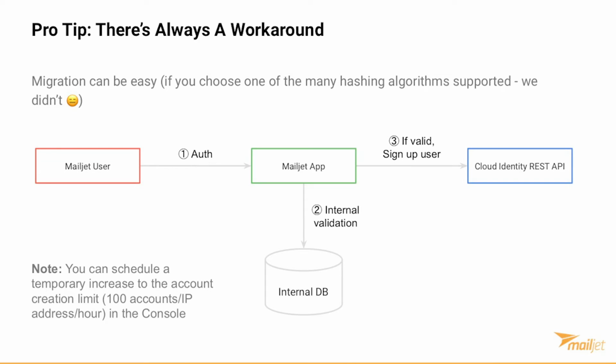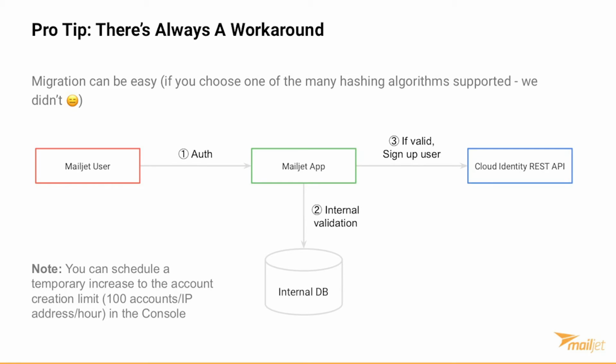So what we decided to do is a two-step migration. First step, during a long period, we will collect user passwords when they log in to our system. So the workflow is like that. A Mailjet user authenticates against our current internal database.